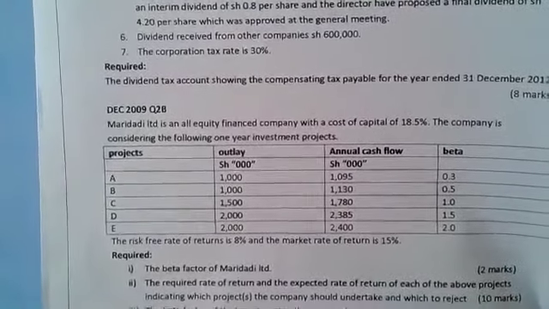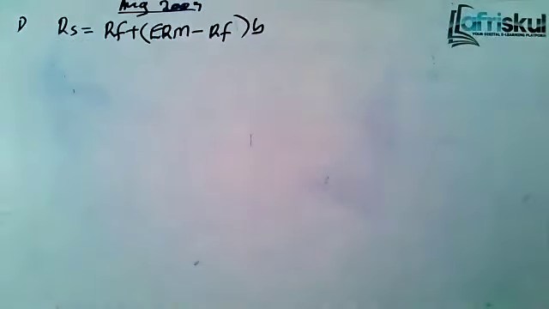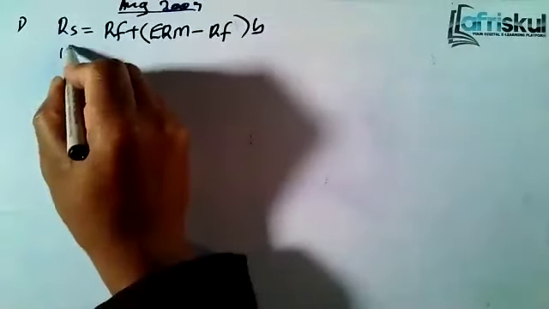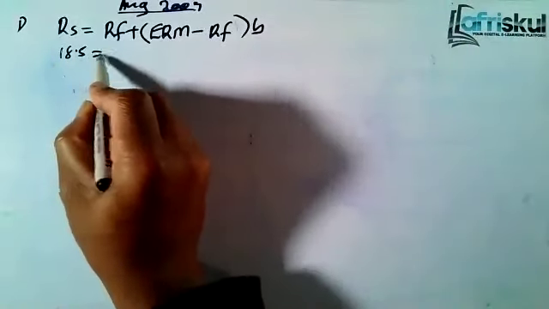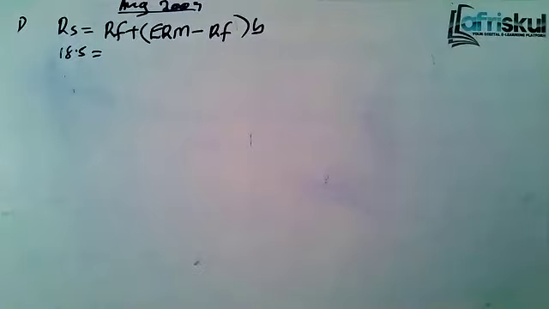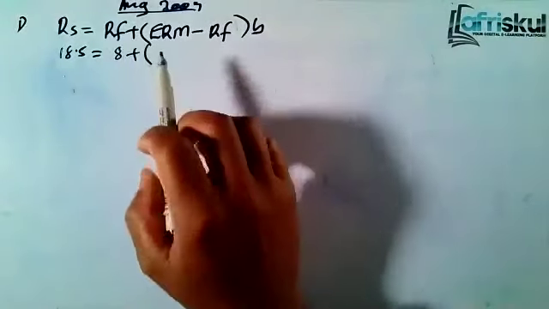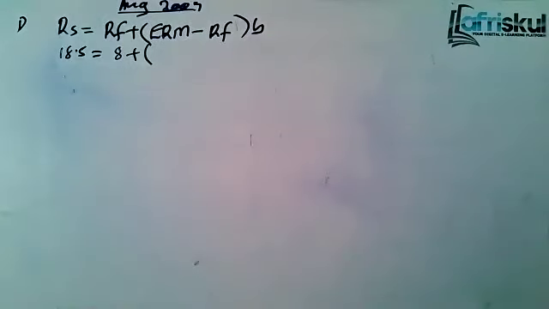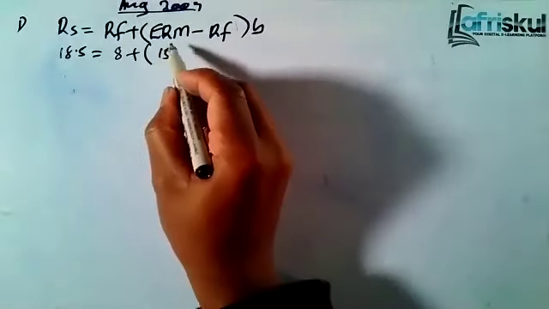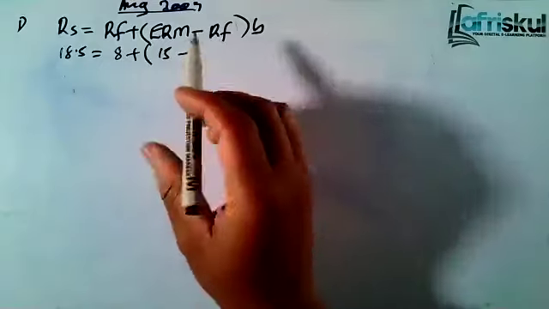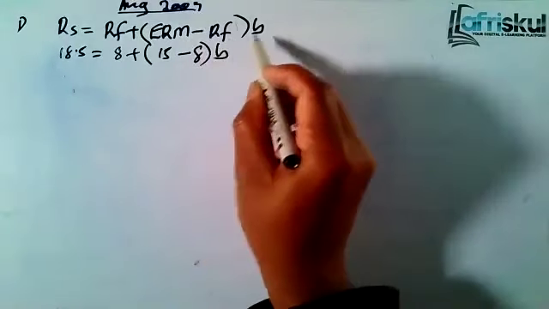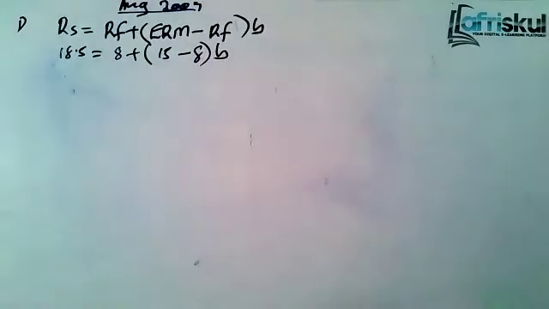So 18.5 equals the risk-free rate of 8, plus the expected return of the market, 15, minus the risk-free rate, 8, multiplied by the beta. This is what we need to get.